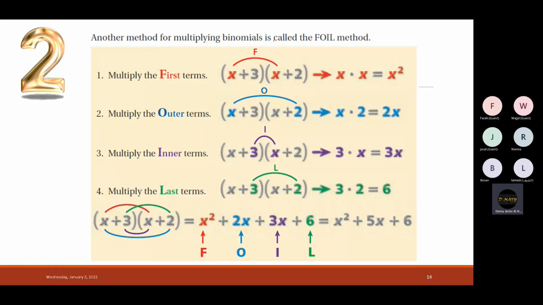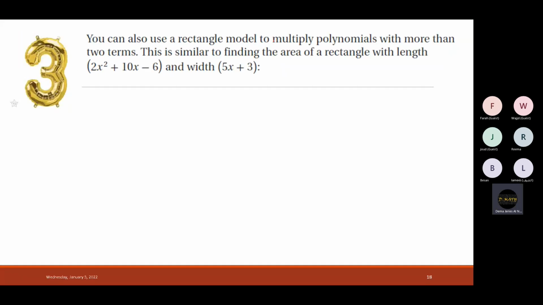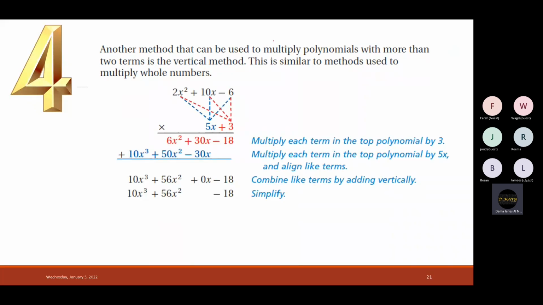The third is the rectangle model, as I told you on Monday, where we draw a table or rectangle in order to multiply. And the last way is the same method as when we multiply tens with ones, or multiply whole numbers in a vertical way.